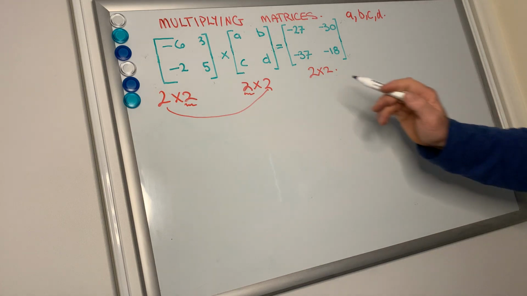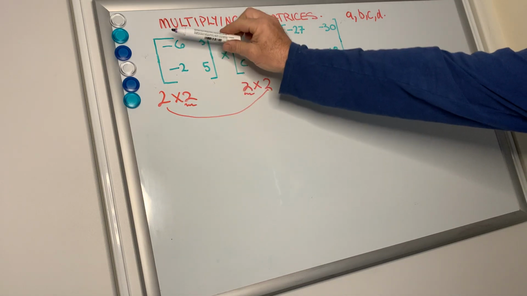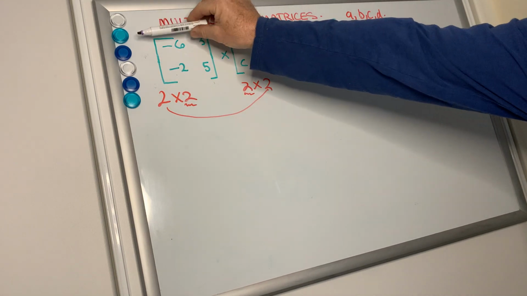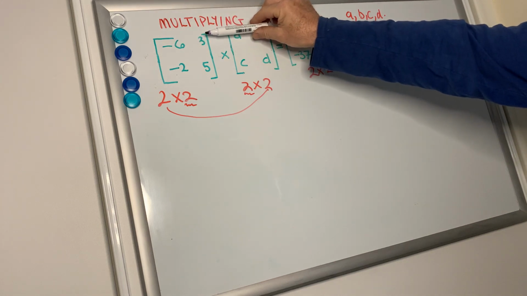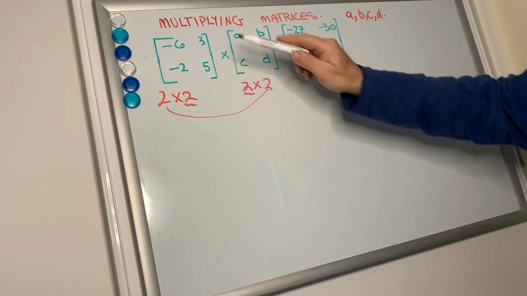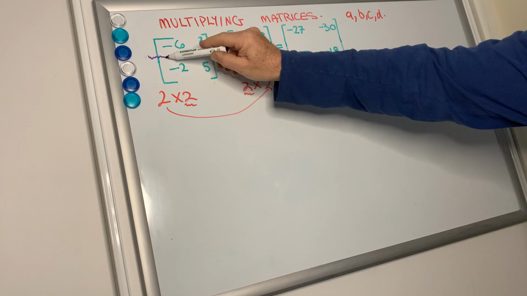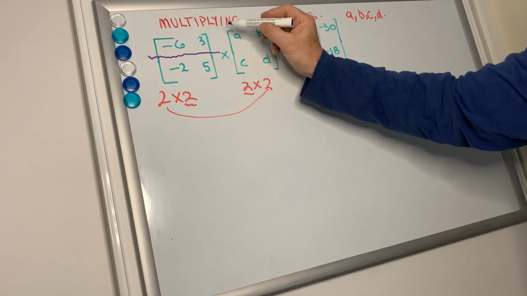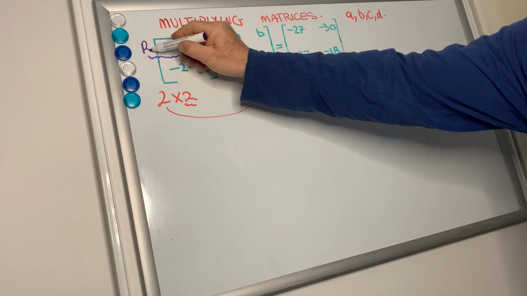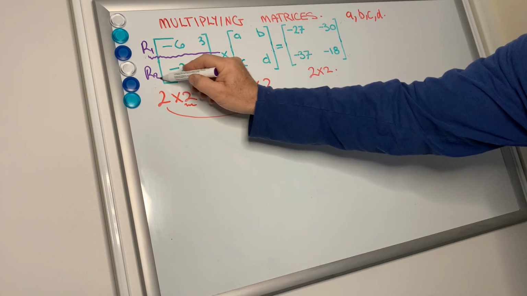Now, when we're multiplying this matrix, remember we've got row times the column. So again, there's row 1, there's row 2.